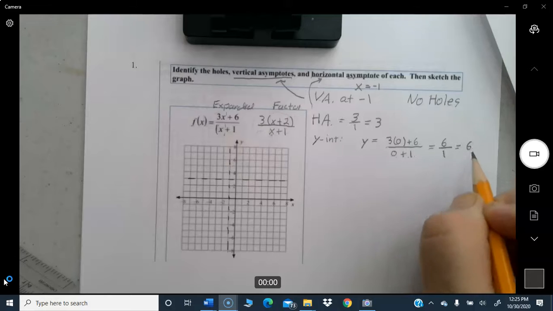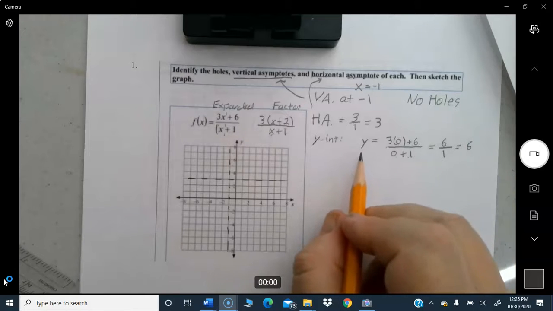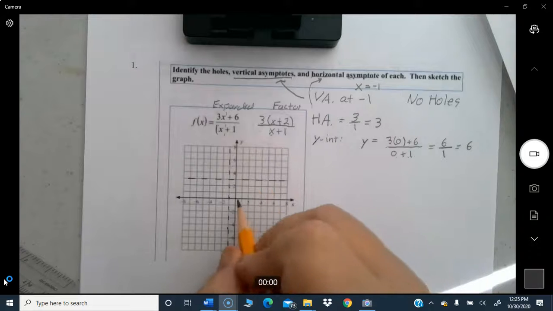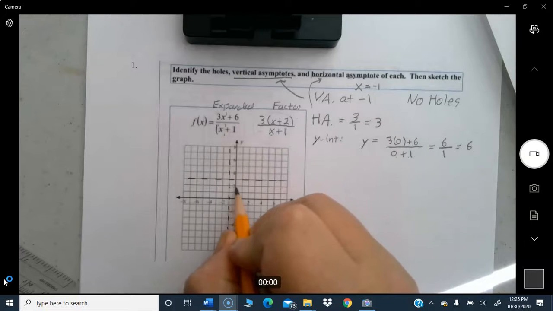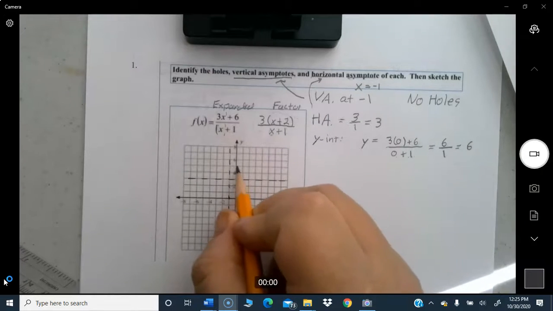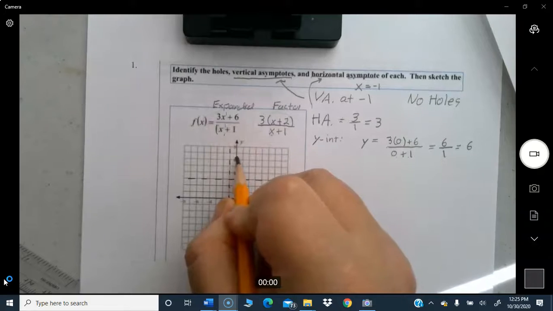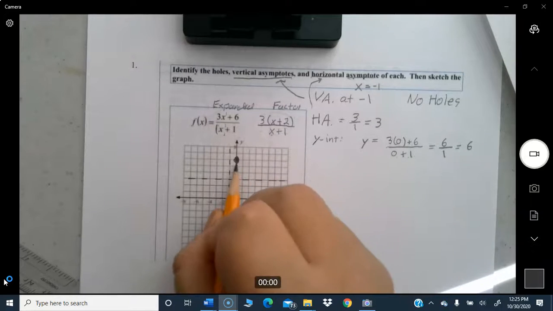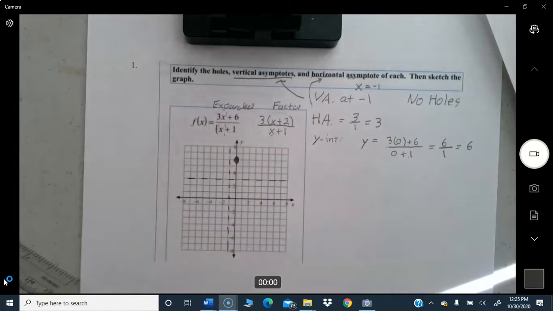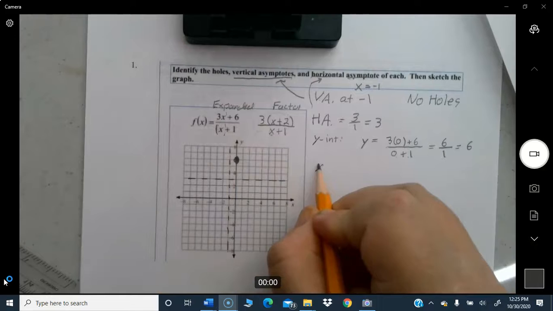So that equals 6. So the y-intercept is going to be at 6. So where is that? You go up on the y-axis, 1, 2, 3, 4, 5, 6. I'm going to make a big old dot right there. That's the y-intercept.